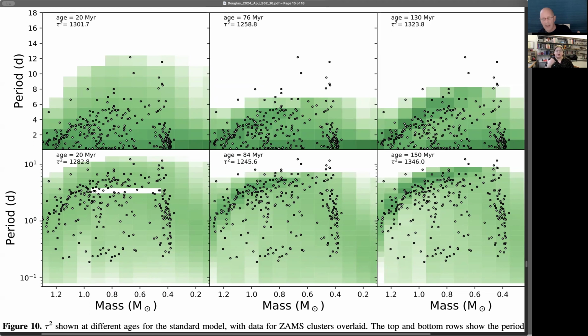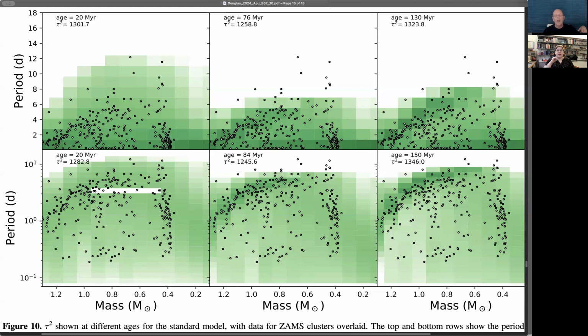years. Okay. So what you can see is that on the left at the younger age, the color of the models is more uniform. So the number density in each bin is more similar. So we still have a wider range of rotation periods at a given mass. Yes. And then when we get to the middle plot, you can see there starts to be an overdensity in a similar region to the upper envelope, the slow rotator sequence of the data.